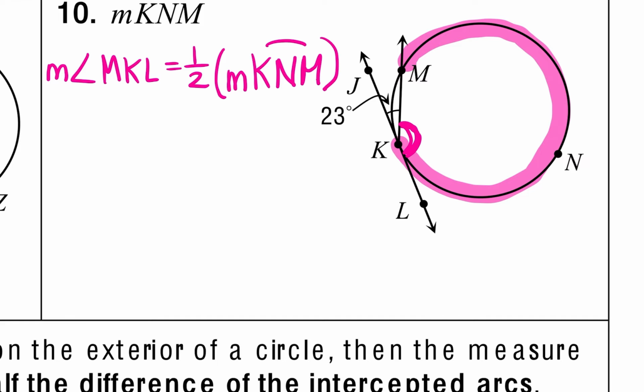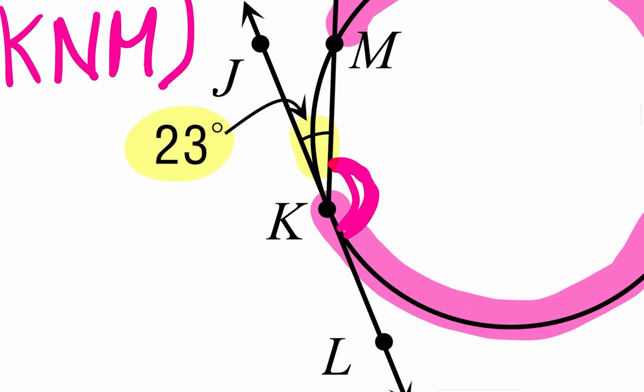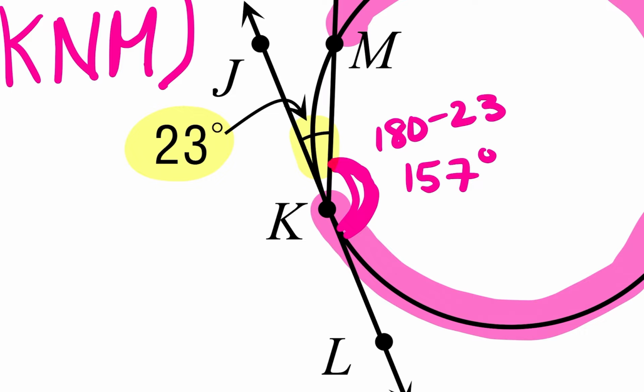Well, just looking at the given information here, that this angle is 23 degrees, and knowing that these two angles are a linear pair, I can do 180 minus 23 to get that this angle here is 157 degrees.